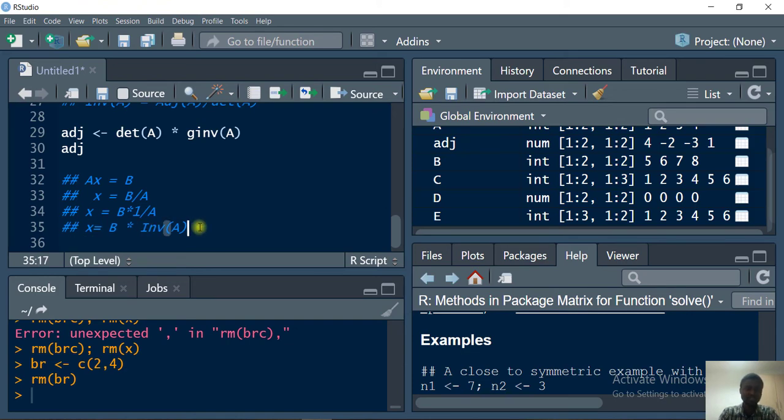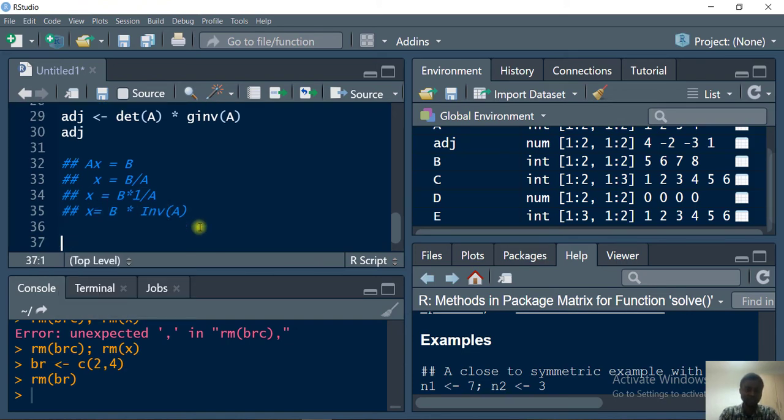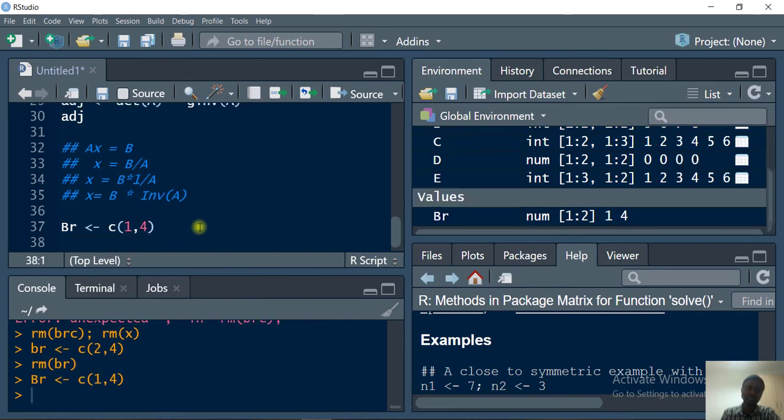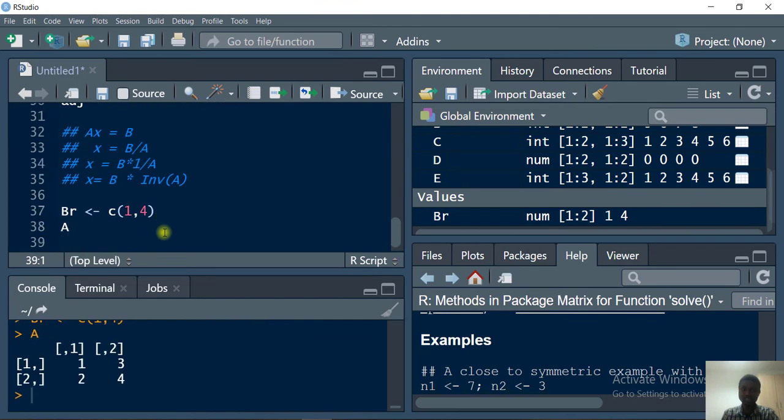So then if I say, let's create BR, I'm not going to call it B, I'll say BR, and then just call it 1 and 4, and then I store this as a vector, and then I already have A. Let me run it again. This is what we have as a square matrix.